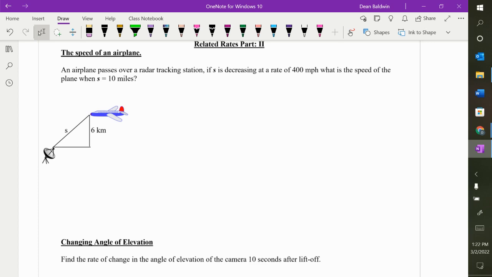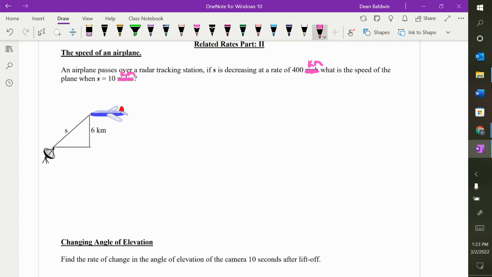Do we have to convert kilometers to miles? No, we'll just do it all in miles. Actually, the plane is 6 kilometers, so it's quite low. Let's make it all kilometers. Sorry, that's my fault. It's frozen. There we go.